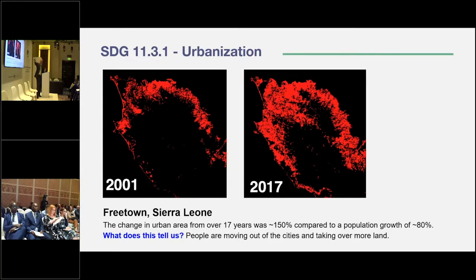The whole area in the center region is all forest, and that forest is completely being lost. These areas along here and along here were all deforested in that 17-year time period. So the people in Sierra Leone are moving out of the city, outward, taking over land, taking over forests.